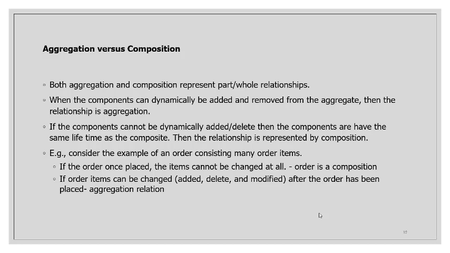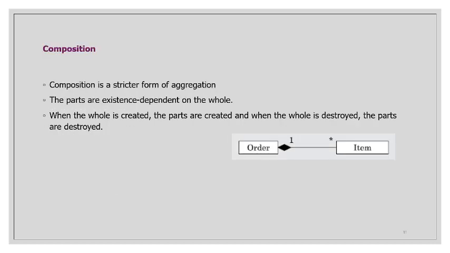In a single order, there may be many order items. Once the order is placed, the items cannot be changed at all. In this case the order is a composition of order items. However, if order items can be changed, if we can add, delete or modify items, then it is an aggregation relationship, not a composition.